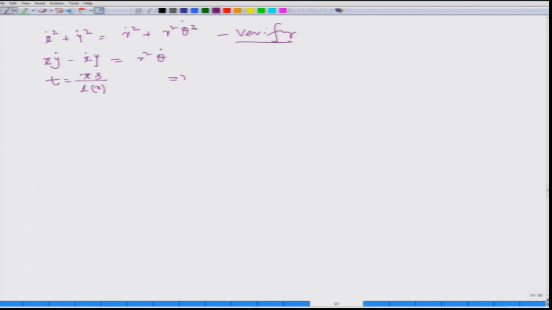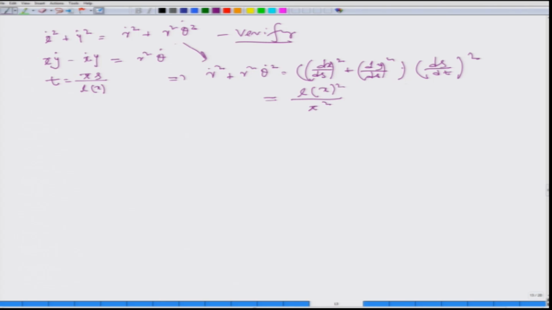So, that will give us this quantity r dot square plus r square theta dot square equal to dx ds square plus dy ds square, times ds dt square, which is equal to, you can easily calculate, L gamma square divided by pi square, correct.